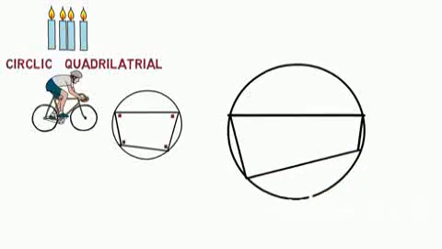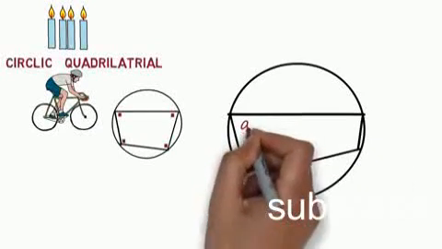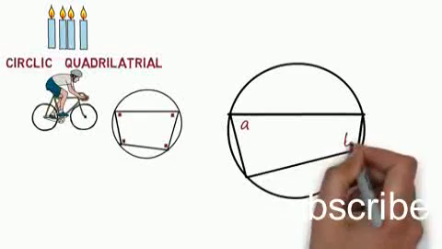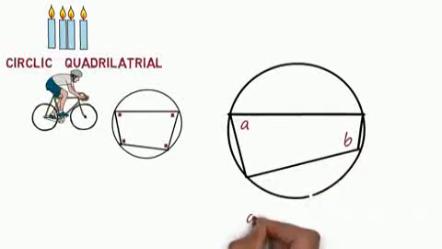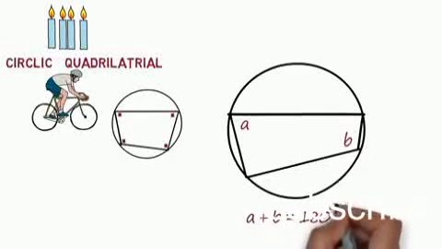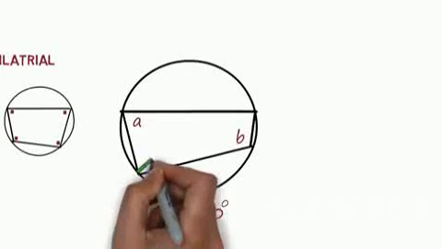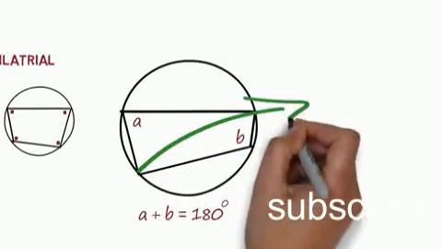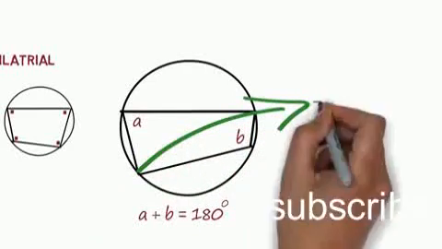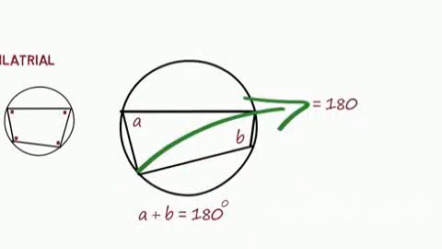The theorem states that opposite angles add up to 180. If we have A and we have B over there and they're diagonal, if you add A plus B, you should get 180 degrees. That's the theorem. Same applies on that diagonal. When you add that, you should get 180 degrees.